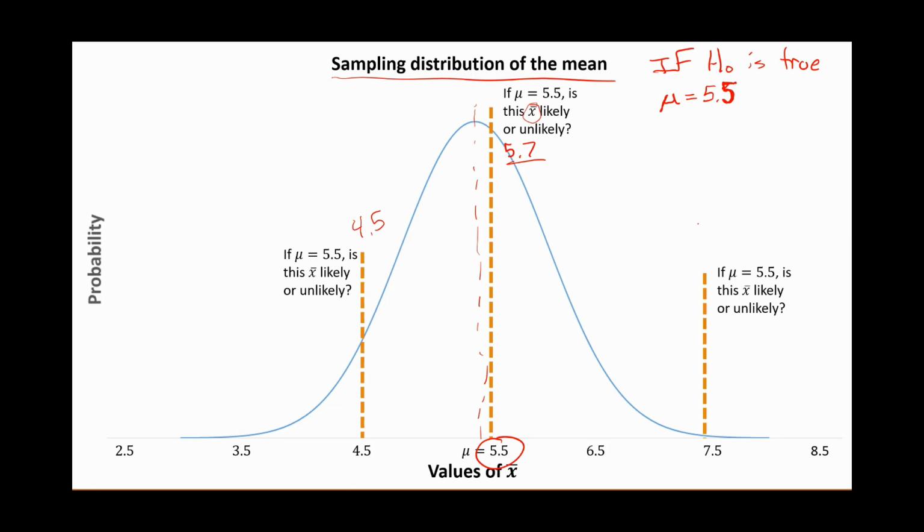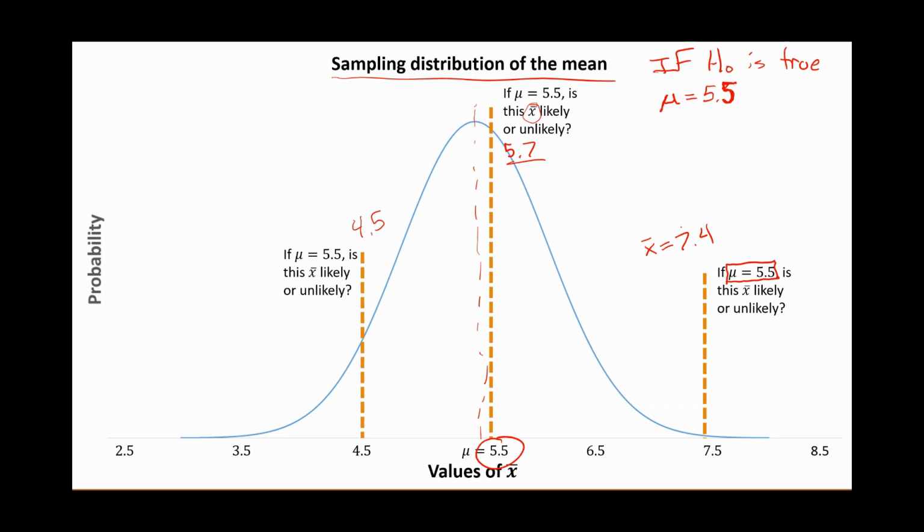What about this one? What if we find a value of, I think this is probably 7.4. If mu is 5.5 and our sample mean is 7.4, would we think that that 7.4 is likely or unlikely?